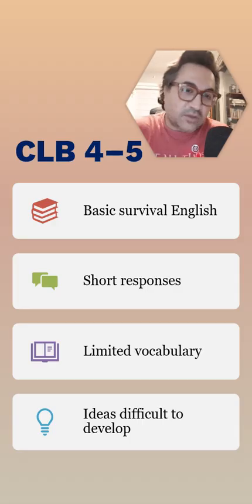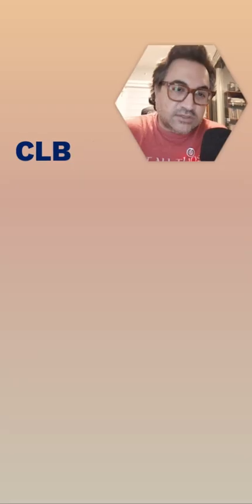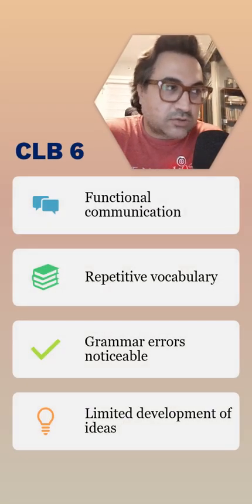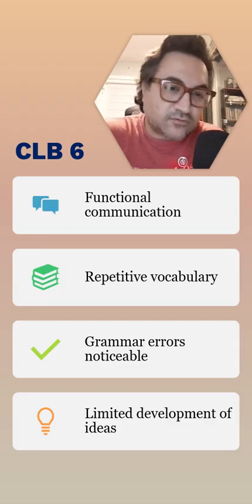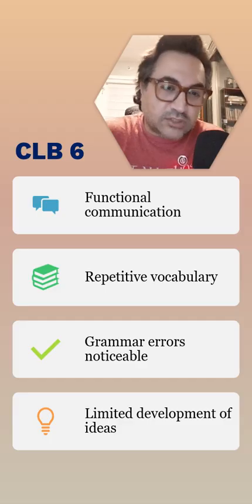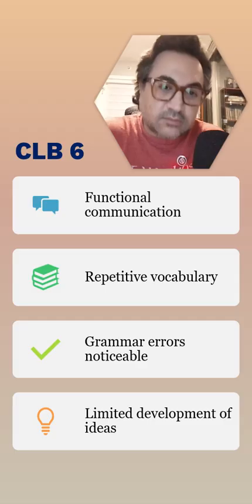Now, let's compare the different levels. CLB 4 and 5 is basic survival English. The responses are short, the vocabulary is limited, and ideas are difficult to develop. In CLB 6, it's mostly functional communication, so I can order coffee or food at a restaurant, send an application for a job, or get some paperwork done.